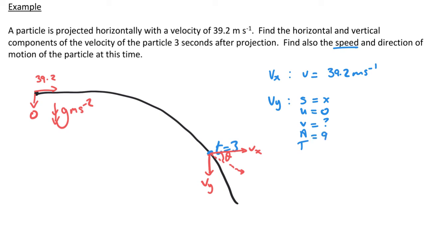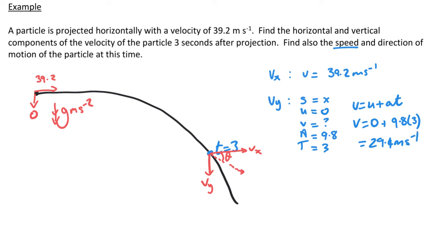The acceleration is 9.8 and the time taken was 3 seconds. So we can apply v equals u plus at to get that v is going to be 0 plus 9.8 times 3, which is 29.4 meters per second.